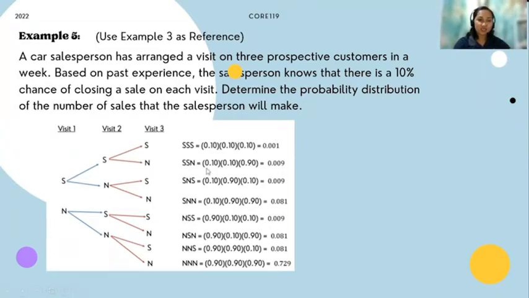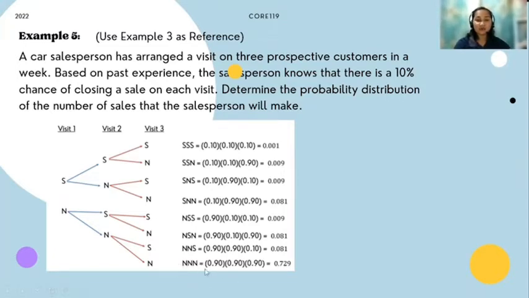For SSN, since the successful rate is 10%, the unsuccessful rate will be 90%. So we have 0.1 times 0.1 times 0.9, and that will be equal to 0.009. We also have SNS, so 0.1 times 0.9 times 0.1, that is also 0.009.